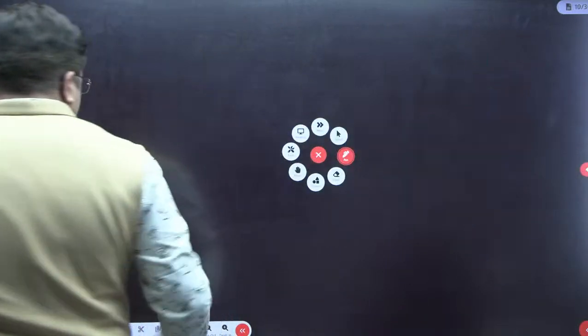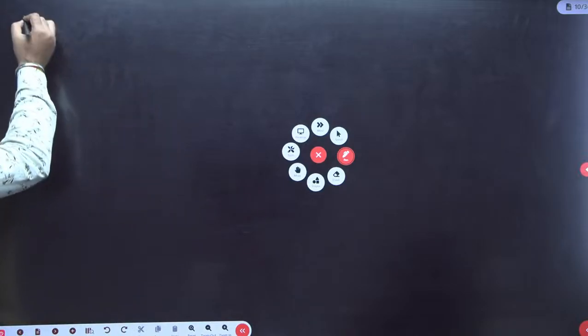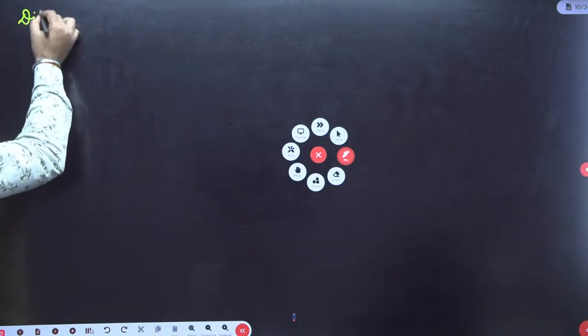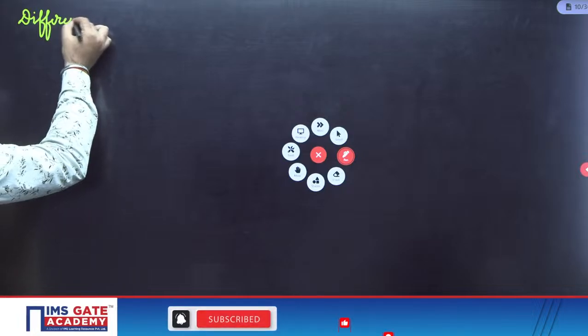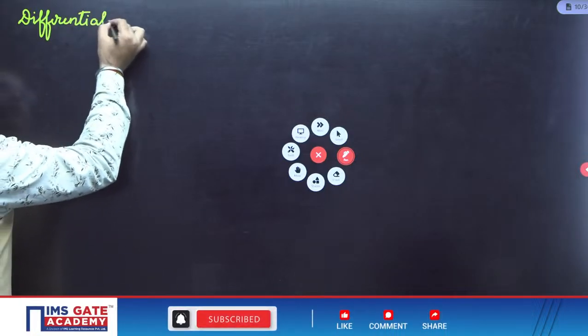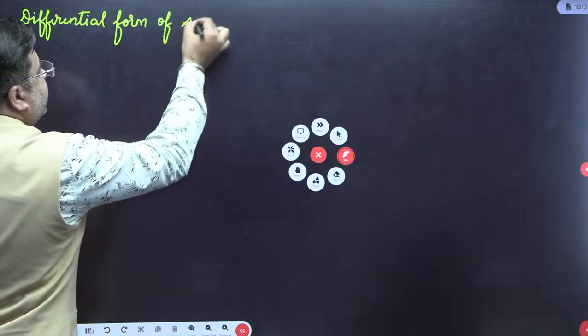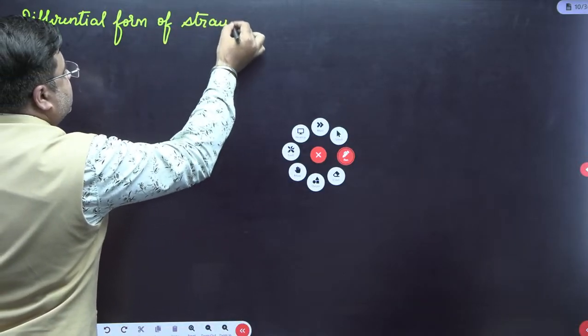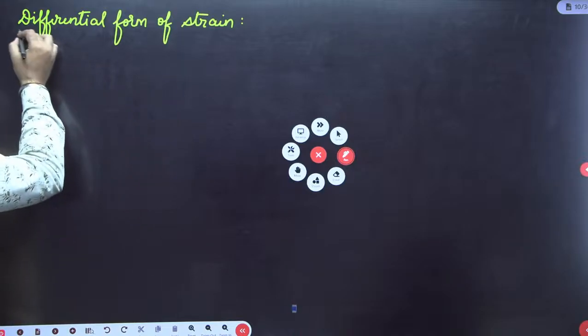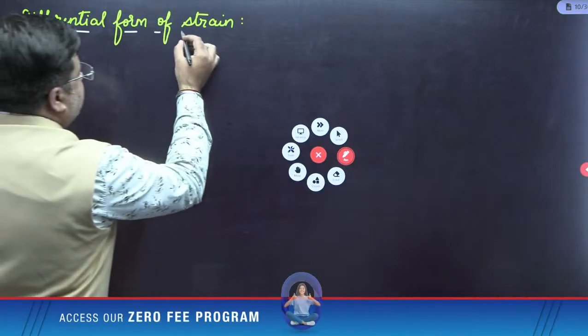After this, we have something called the differential form of strains. I am just writing the formulas; all the explanation, everything, we have seen in the class in detail.